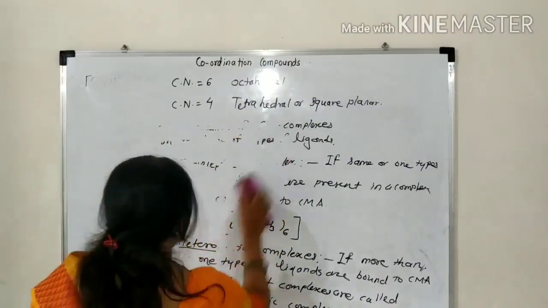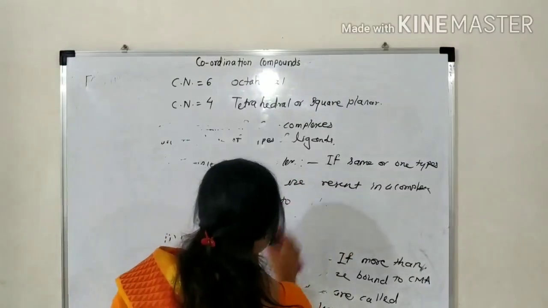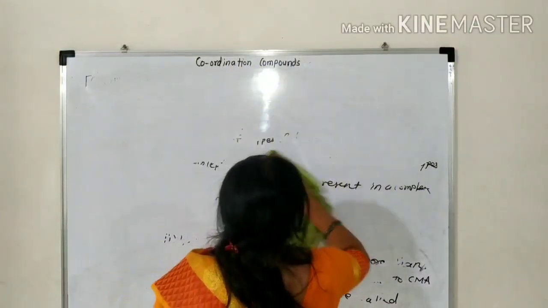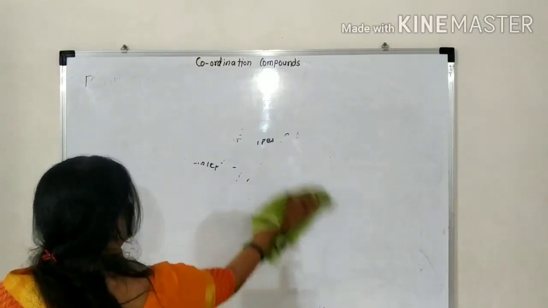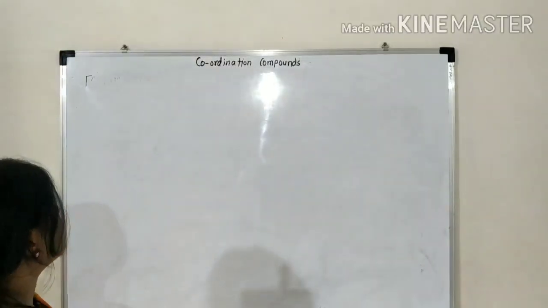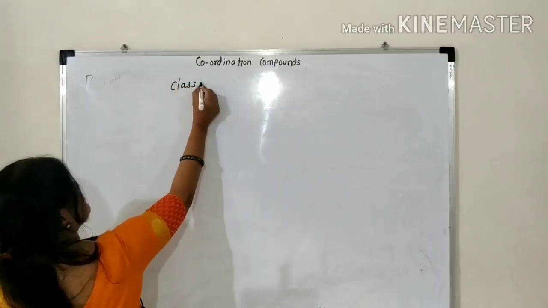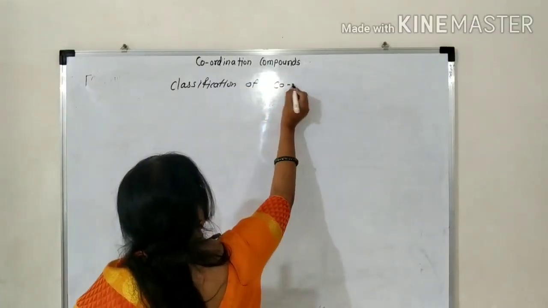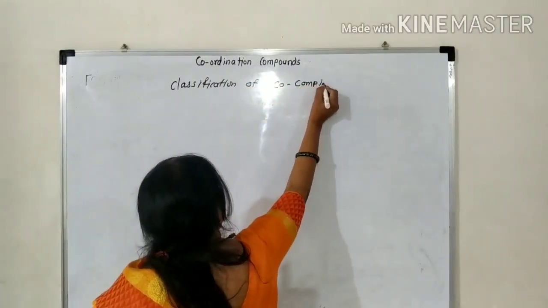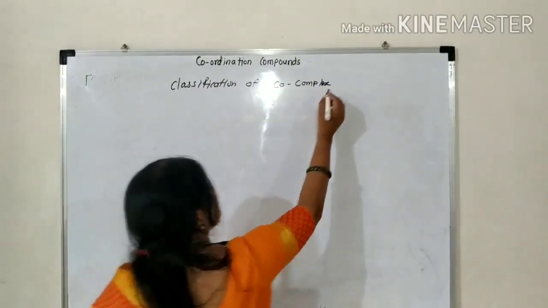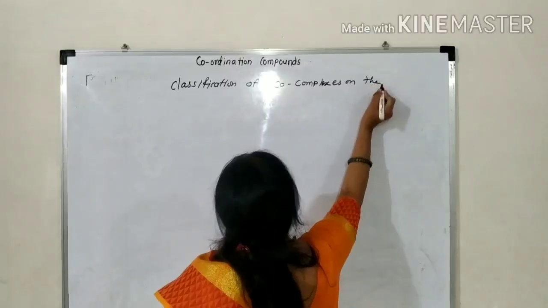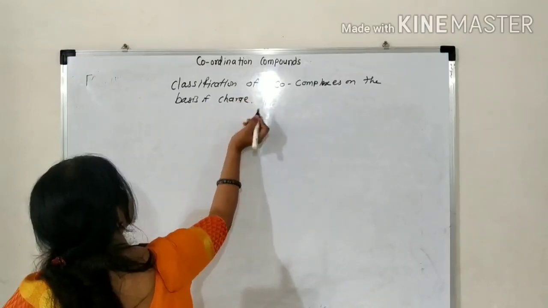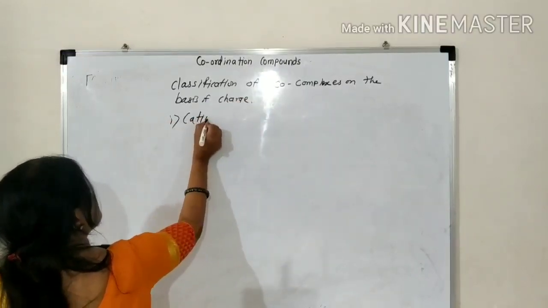Now next, classification of coordination complexes on the basis of charge. First is cationic complexes.